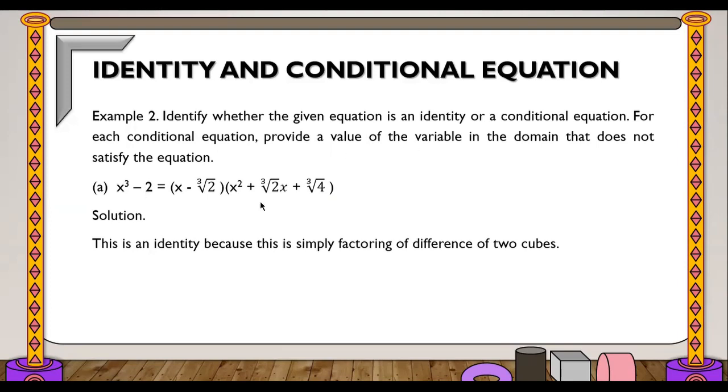Doon sa right side, ito ay tinatawag na factoring of difference of 2 cubes. Pag kinuha mo ang factors nitong x cubed minus 2, yung nasa right side ang kanyang magiging factors. We have x minus cube root of 2 and the quantity x squared plus cube root of 2 x plus cube root of 4. So, ginamitan lang yan ng factoring of difference of 2 cubes. Therefore, it is an identity.